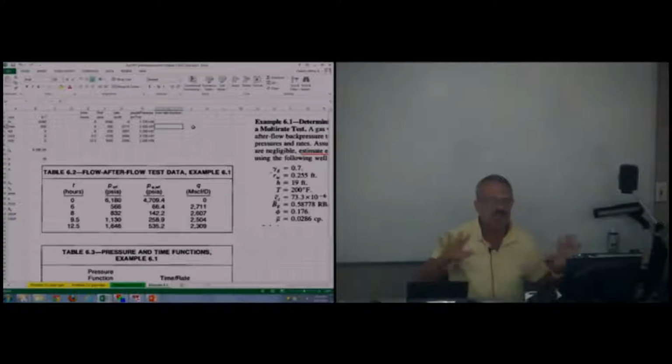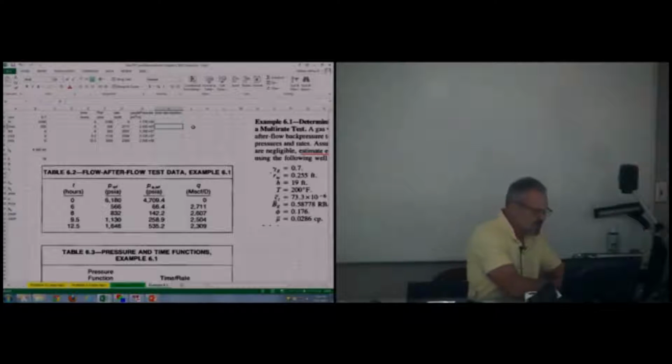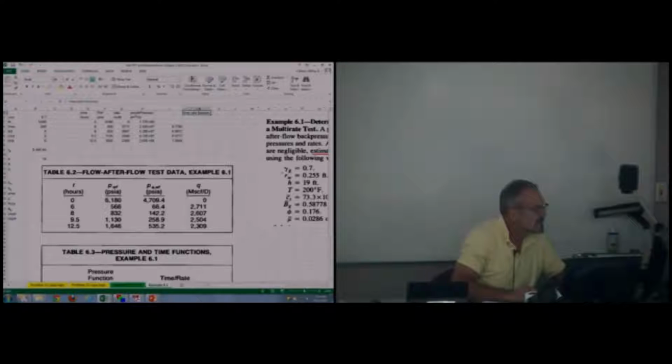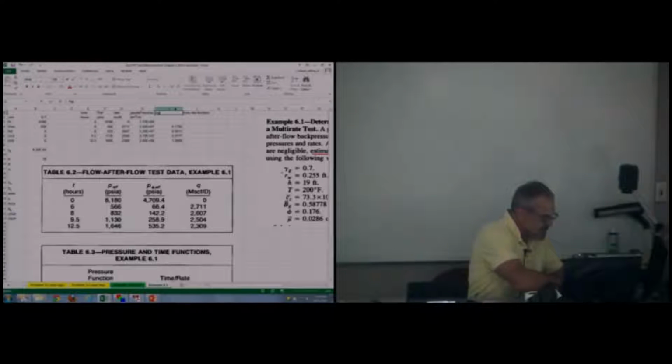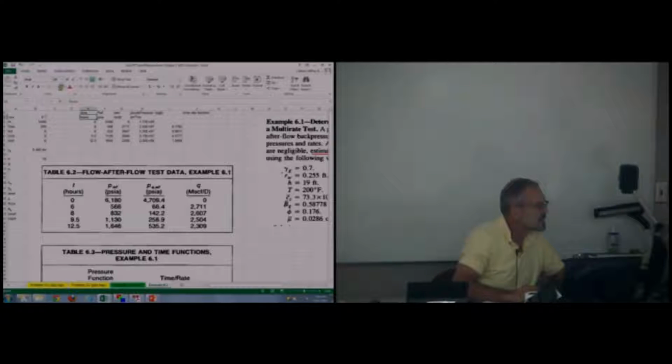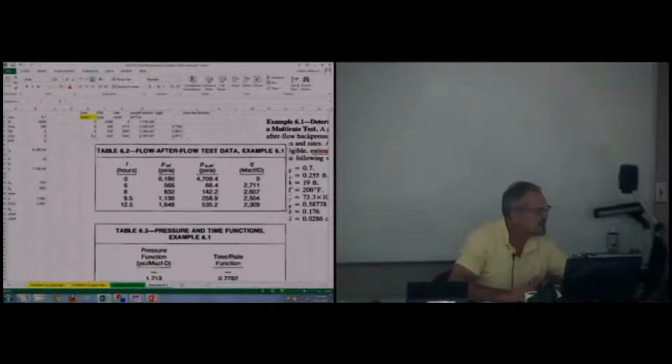Let's just look, if we didn't use the superposition function, what the logs will look like. That's the log of time in hours. Well, test units are hours. Now we're going to come up with some numbers that are similar to this, and we can see them down here.